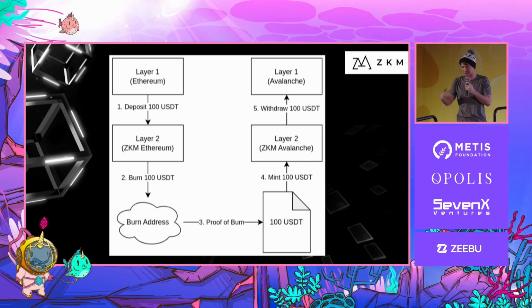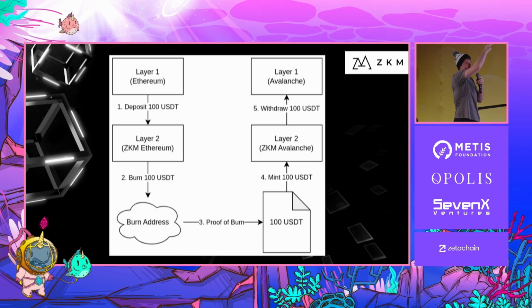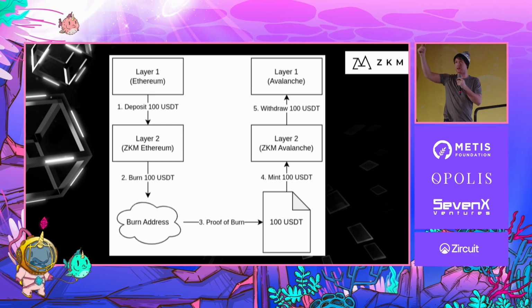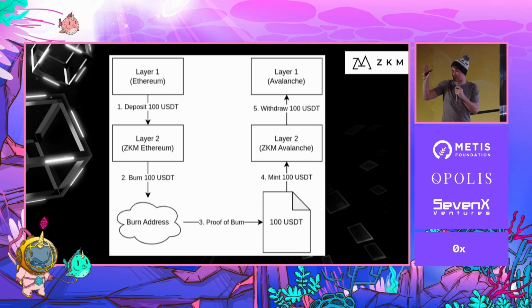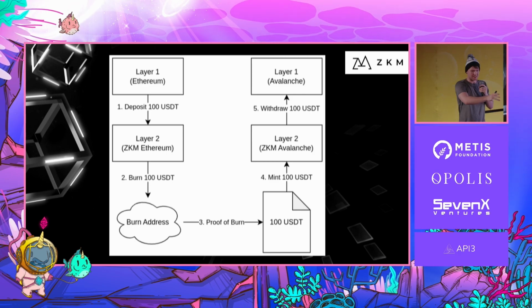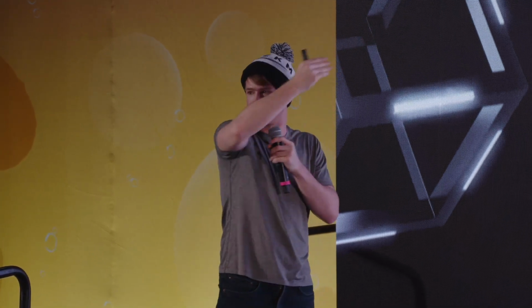That's what we're doing with the L1 to L2 bridging and L2 to L1: we're posting a proof saying that this did in fact happen, and we're trusting that the sequencer would eventually post that proof to L1 and allow us to withdraw from the network. So again, we're still depending on layer 1 security and layer 1 finality to achieve the bridging.